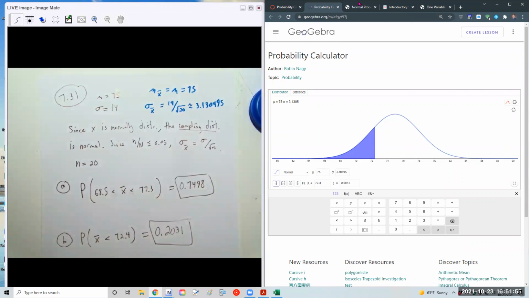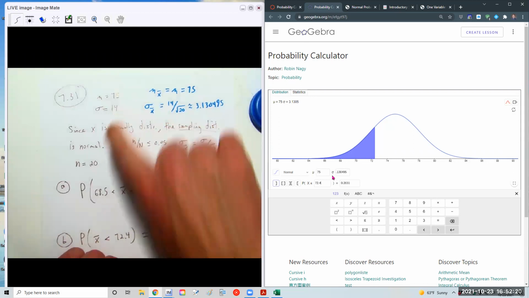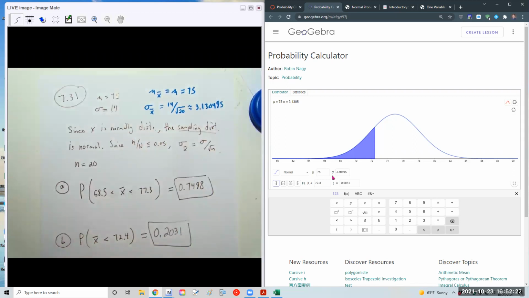Between chapter 6 and 7, there are a lot of similarities. We're using the calculator and normal distributions. But you have to be careful as to what the question is asking. Here, they're asking a probability question about a sample mean, which means that when we use the calculator and put in a value for sigma, we better be using sigma divided by square root n, and not 14 and not sigma. So be careful. That's one common mistake students make here.